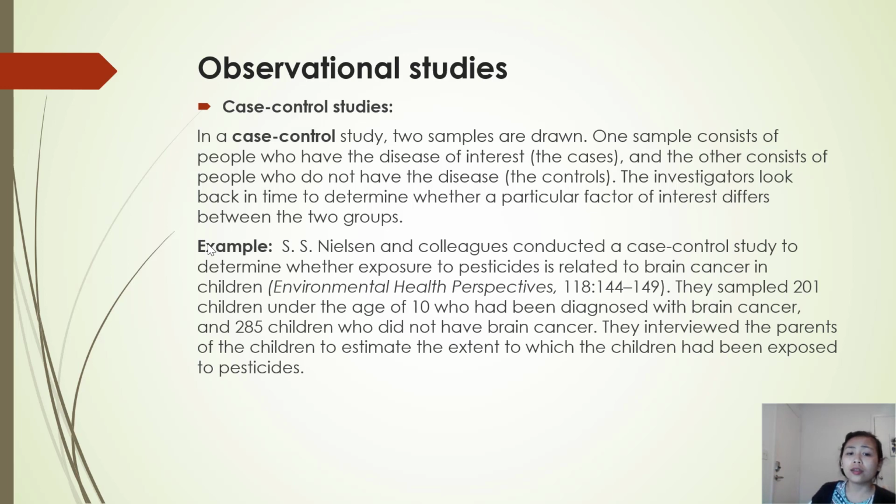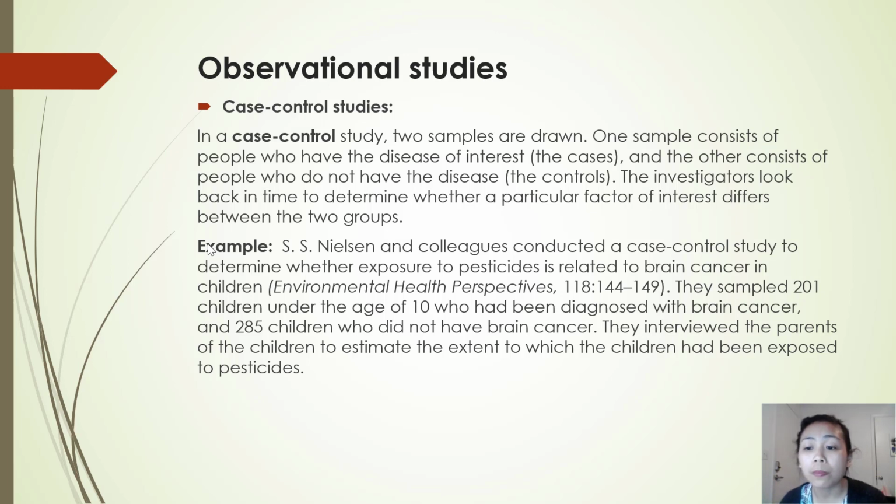For example, Nelson and colleagues conducted a case control study to determine whether exposure to pesticides is related to brain cancer in children. They sampled 201 children under the age of 10 who had been diagnosed with brain cancer and 285 children who did not have brain cancer.